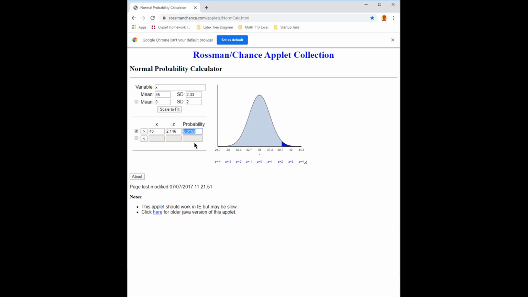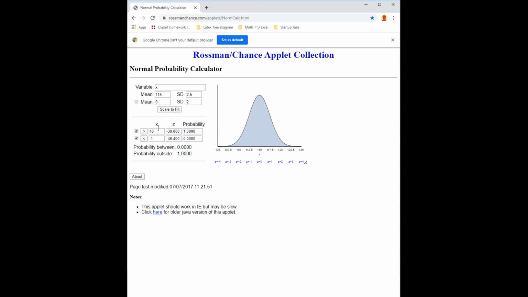And then let's look at number 9. So on number 9, we had normal distribution with a mean of 115, so I'll change that. And a standard deviation of 2.5. So change that and click Scale to Fit. And now I'm interested in the probability that it's between 112 and 118. So I'm looking for the probability that my sample mean is between 112 and 118.